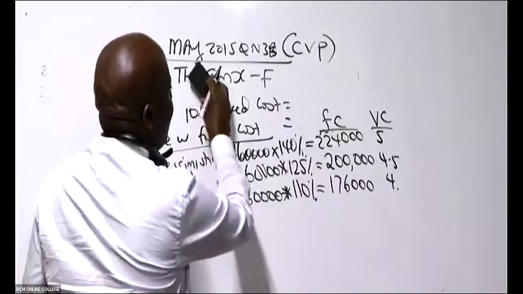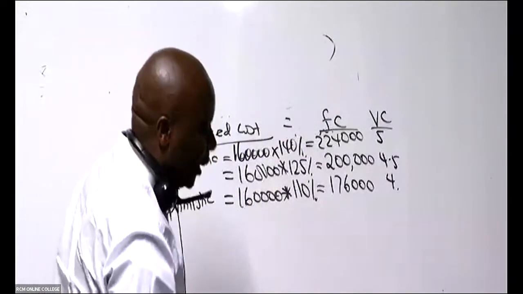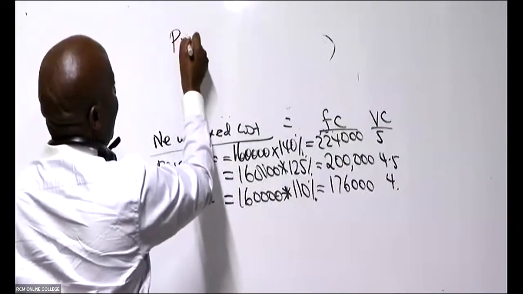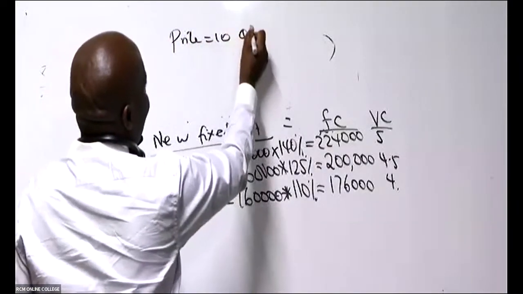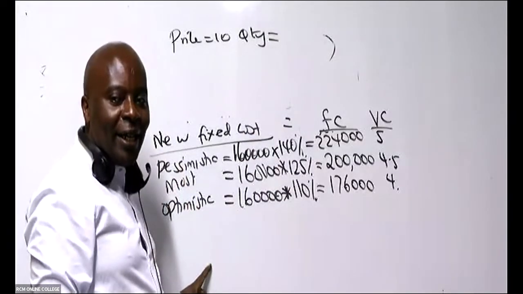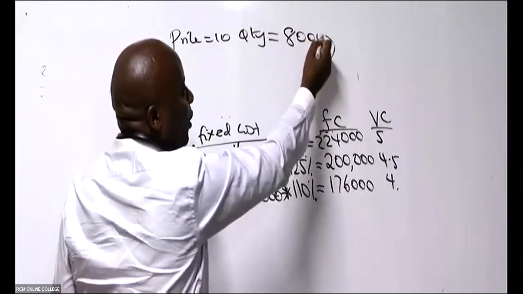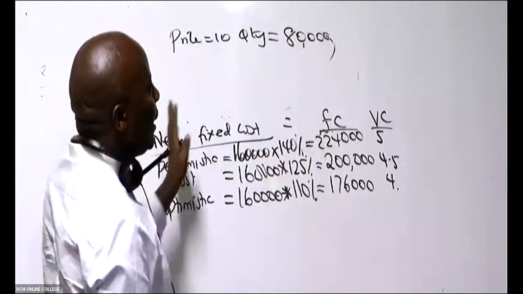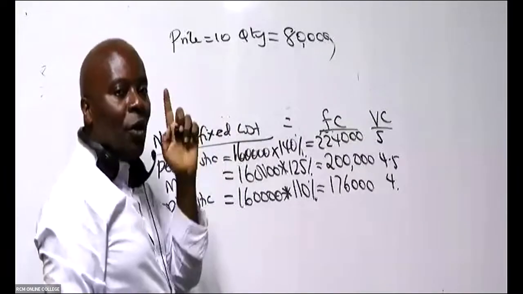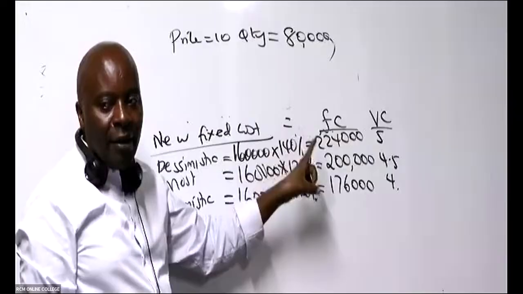So the current status, ladies and gentlemen, we are selling this at 10. And the quantity, they have told us, regardless of the state of nature, will remain the same. I'm not the one who is saying that. If we charge a price of 10, the only parameters that will change will be fixed cost and variable cost.